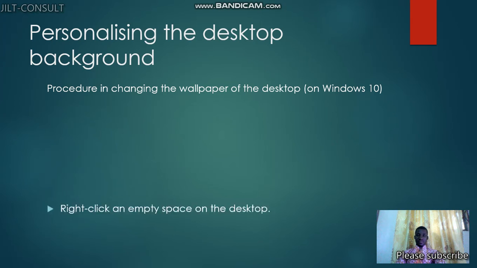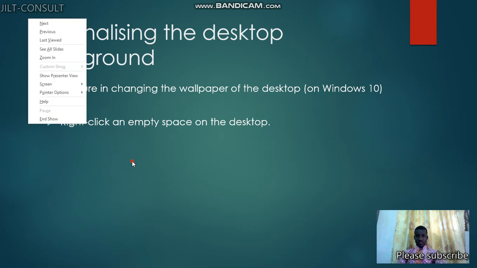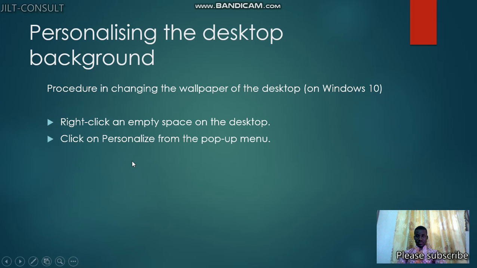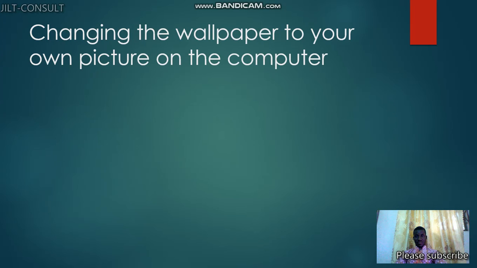Step 1: right click on an empty space on the desktop. Step 2: click on Personalize from the pop-up menu. Step 3: choose the picture you want to use. Step 4: close the settings window. That's all.